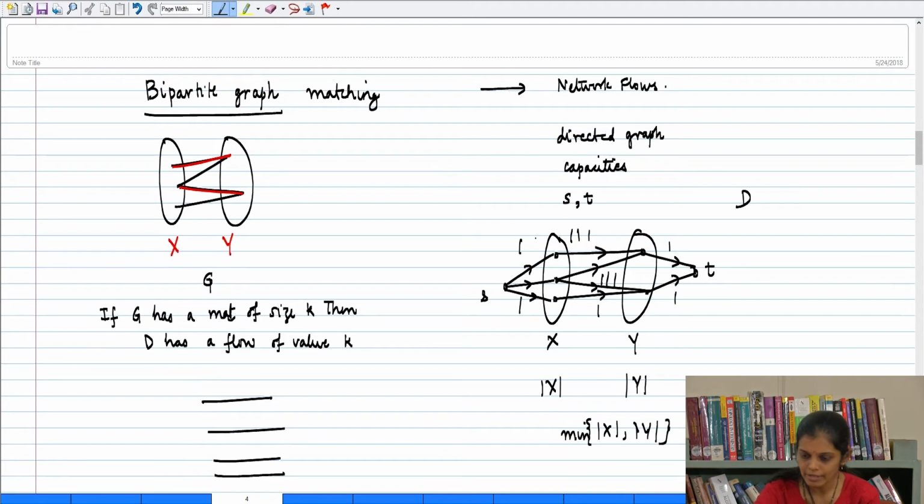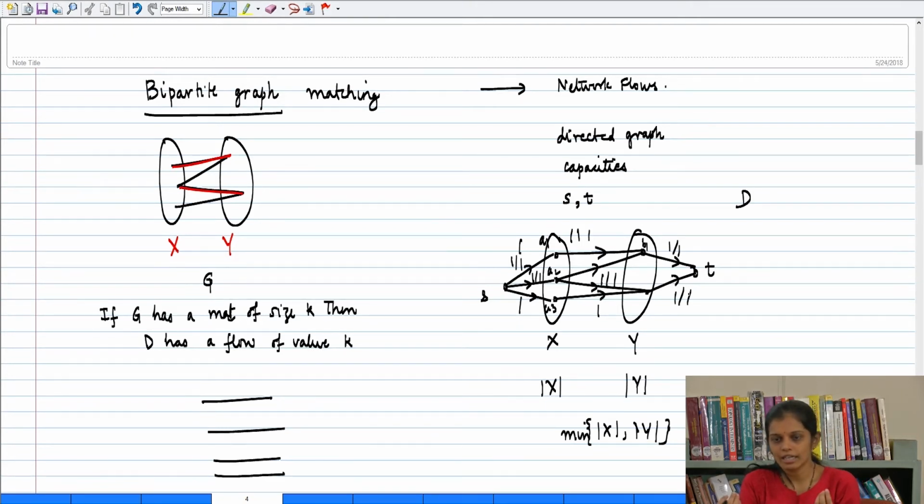Okay, so let me name these. So this is A1, A2, A3. So I must give from S to A2 1 unit of flow, S to A1 1 unit of flow. Similarly, I should give from B1 to T 1 unit of flow and B2 to T 1 unit of flow. Rest 0, right? So what is your general formula?